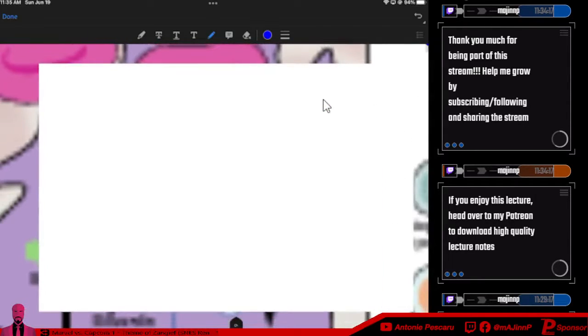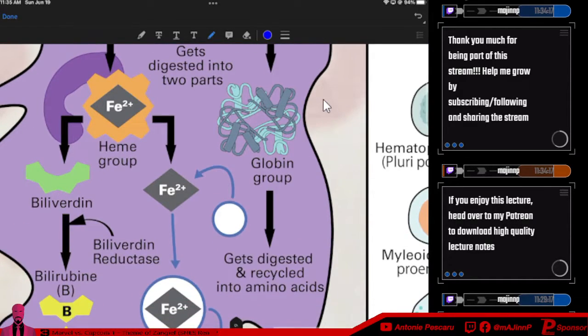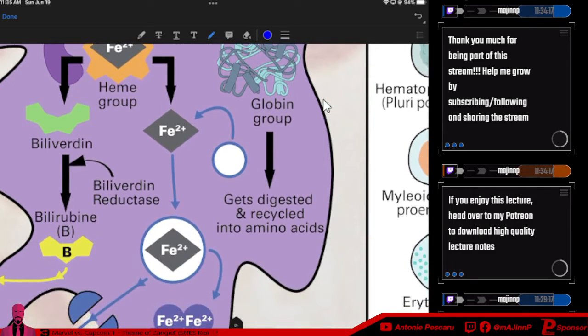We get into the heme group afterwards, the heme pathway. Now, the heme pathway gets digested into two paths. I'm going to go into the iron group. Now, again, macrophages also have inside of them this blue protein, which is ferritin. And you know the story, ferritin really likes binding with the iron 2+ group.